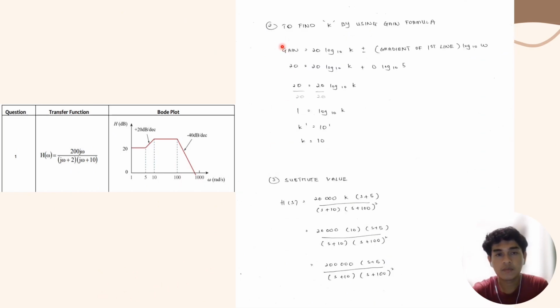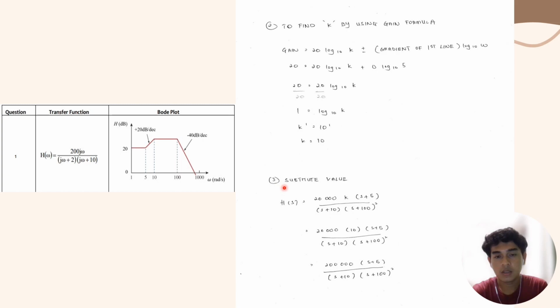After we find the corner frequencies, we need to find K by using the gain formula. To find K, we write down the formula, which is gain equals 20 log 10 K plus or minus the gradient of the first line times log 10 ω. After we put in all the information, the final answer is K equals 10.